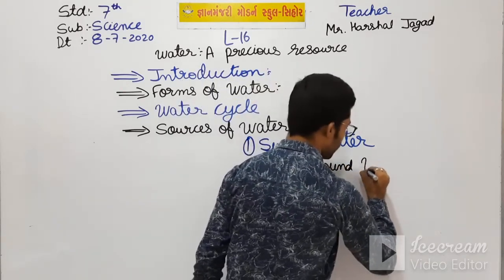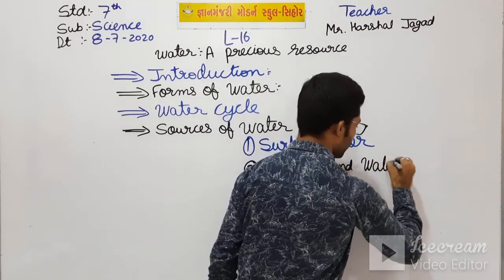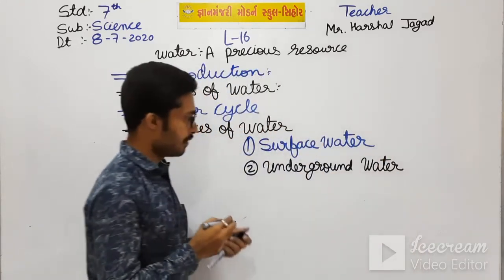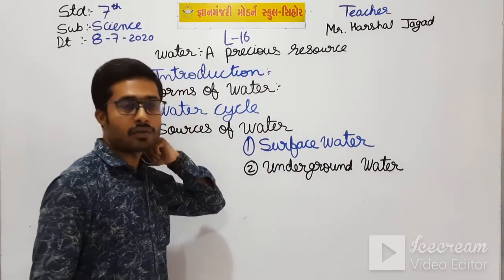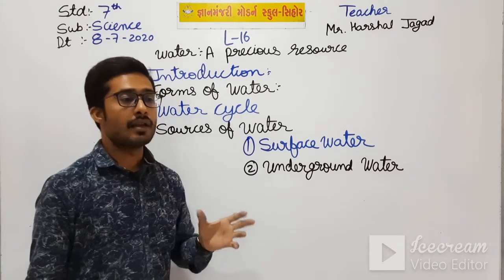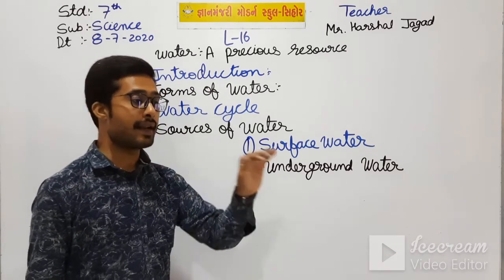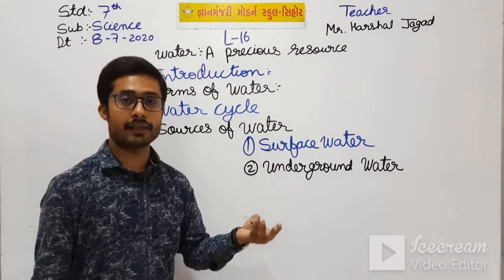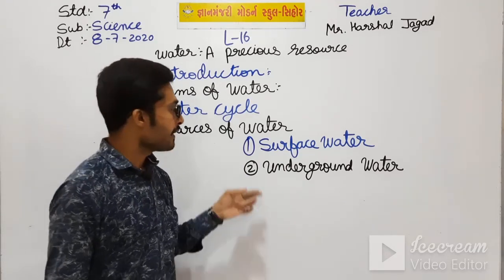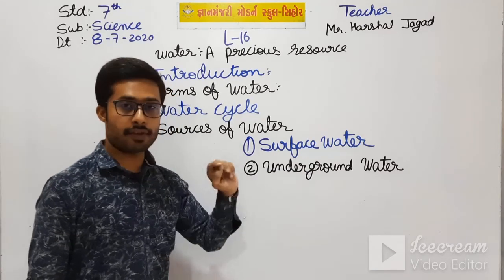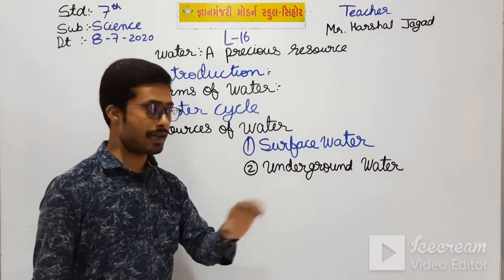So what is the surface water? The surface water means which we can see with our naked eye, like in the rivers, in the dams, in the ponds or in the sea. That is all the surface water which we can see with our naked eyes.